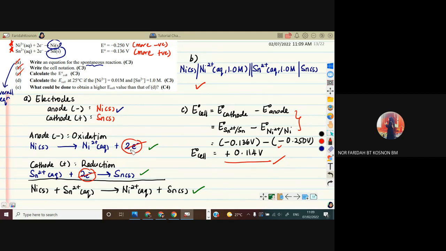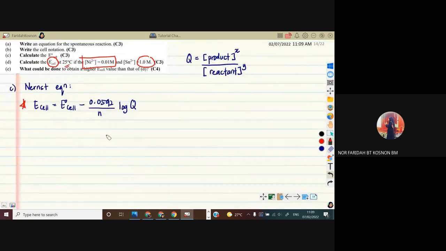Elektron tu kan akan move through wire and then dia akan pergi kepada cathode pula. Jadi kalau keluar daripada anode 2 mole of electron, mesti diterima accepted at the cathode juga 2 mole of electron. So number of mole of electrons yang N ni tadi adalah 2. So for this case N adalah 2 untuk soalan D ni. So sama ada you tulis kat sini ataupun you kena tunjukkan dalam substitution nanti.